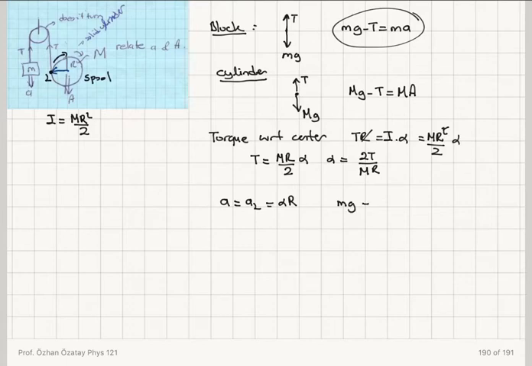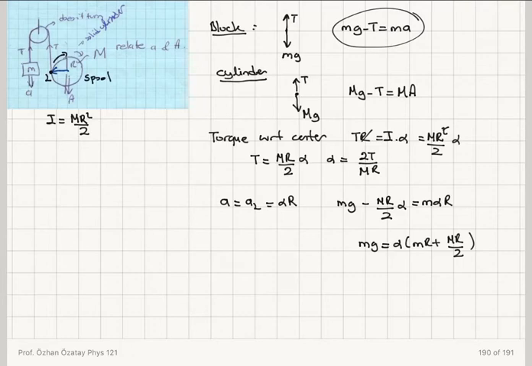So this is equal to alpha times R, and so I can substitute that into the first equation, mg minus T, which is capital M R over 2 alpha, is equal to ma, which is m alpha R. So I obtain another equation for alpha here.